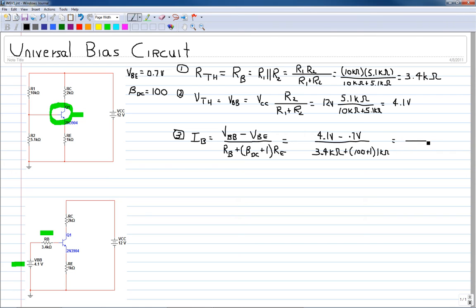Simplifying, this is equal to 3.4 volts divided by 104.4k ohms.